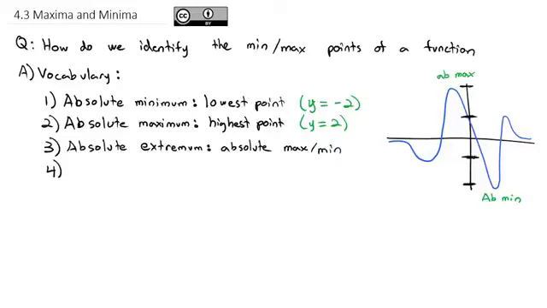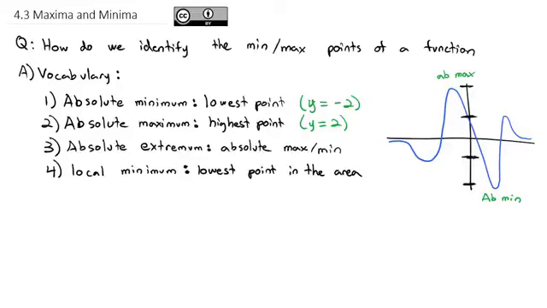But we don't just have absolute maximums and minimums. We also have what we call local minimums, which we'll say is the lowest point in the area. So there's nobody lower around here, so we're going to call it the absolute minimum.